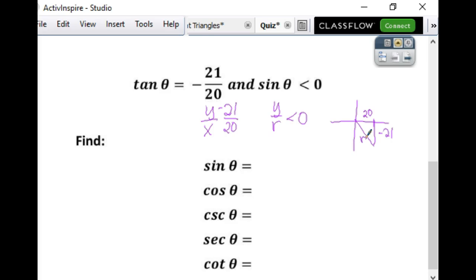And what did the r end up being? 29? So the sine was y over r, so that's negative 21 over 29. The cosine would be 20 over 29. The cosecant is the inverse of which one?